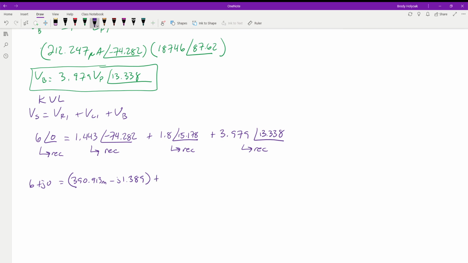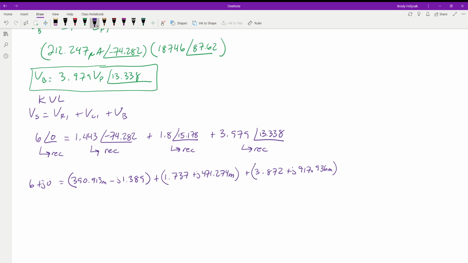The next one becomes 1.737 plus j of 471.274 milli. And the last one becomes 3.872 plus j of 917.936 milli.